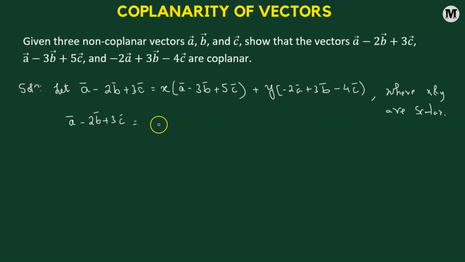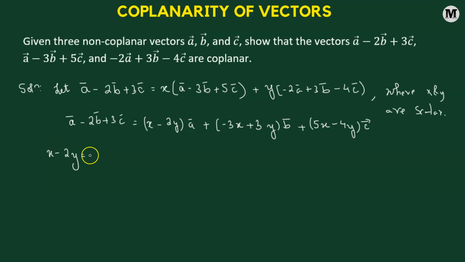And on the right hand side, we have (x − 2y) times A, then (−3x + 3y) multiplied to B, and finally (5x − 4y) multiplied to C. So here we can compare both sides to get x − 2y = 1, −3x + 3y = −2, and 5x − 4y = 3.